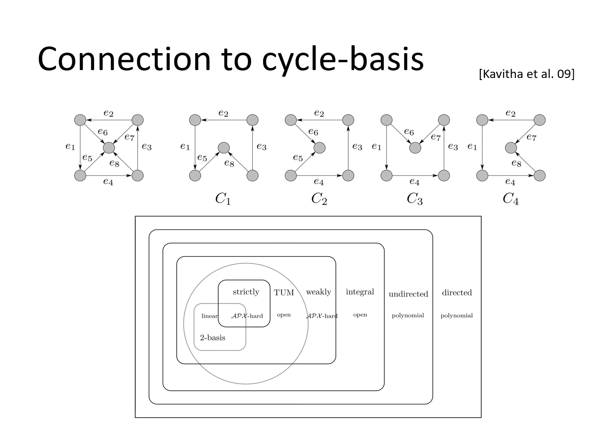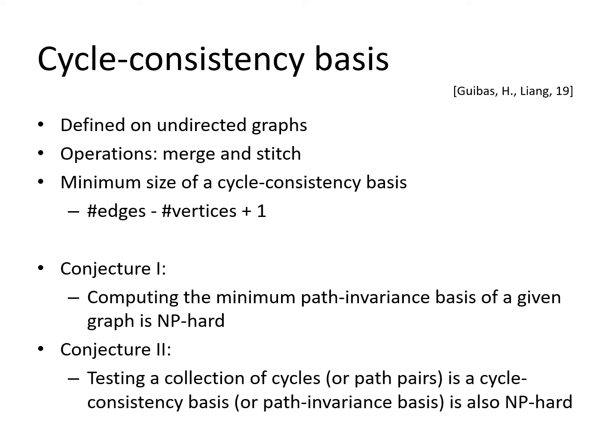Depending on the combination coefficients, cycle bases fall into different groups. We can extend the cycle basis to the cycle consistency basis, which is defined on directed graphs. The operations are merge and stitch. In a recent NeurIPS paper, we studied this in depth.